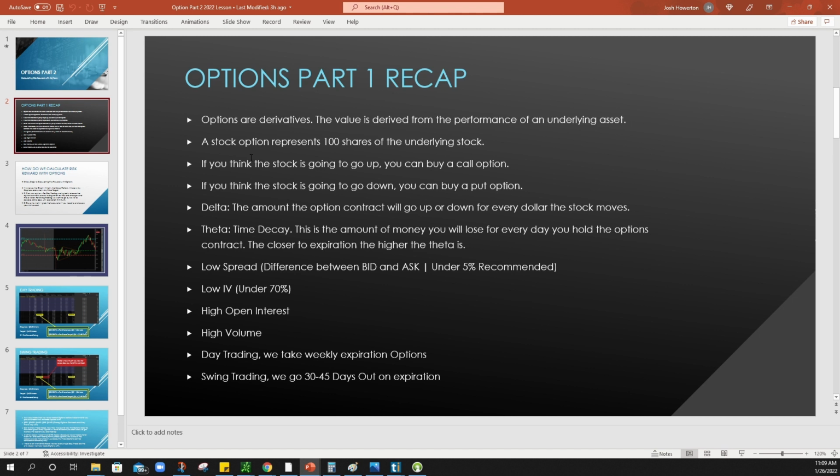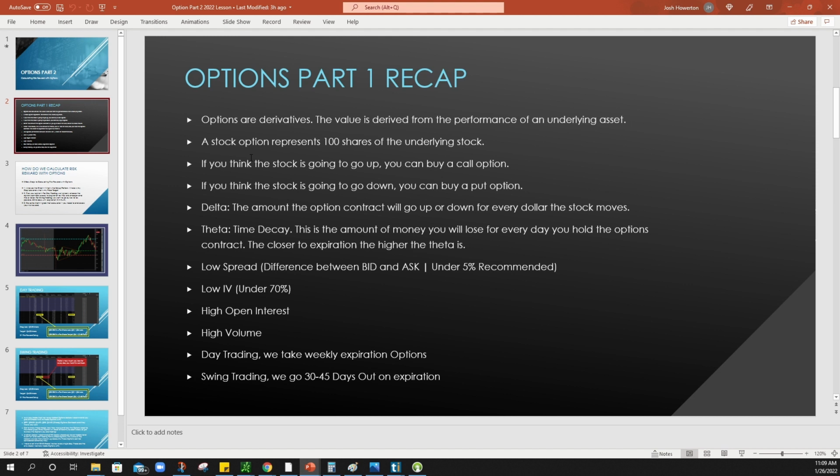If you think the stock is going to go down, you would buy a put option. You wouldn't sell the put. You wouldn't short the put. No. You think the stock's going to go down, you're going to buy a put option because a put option will increase in value as the stock's price is dropping.